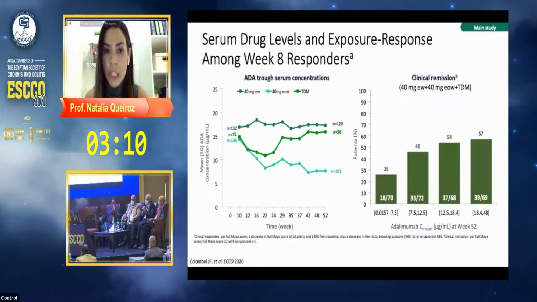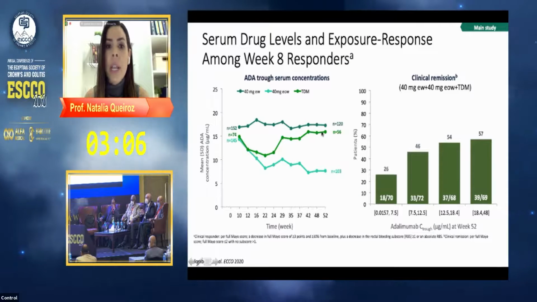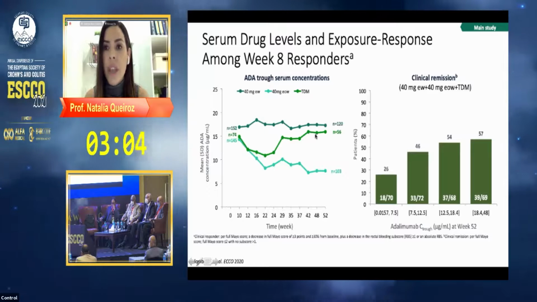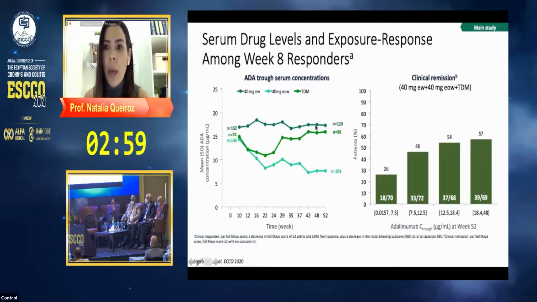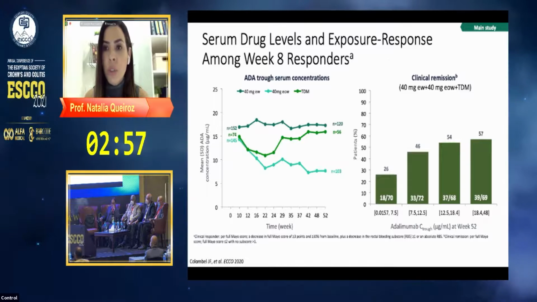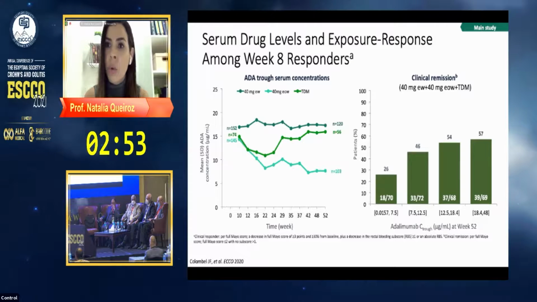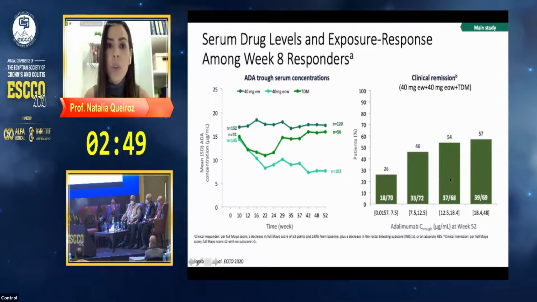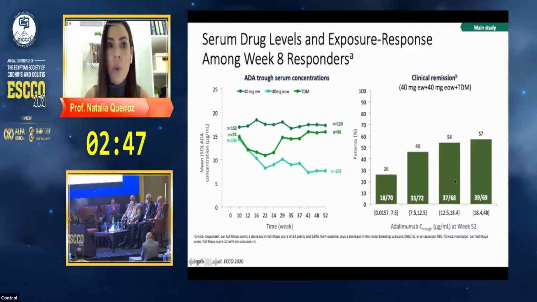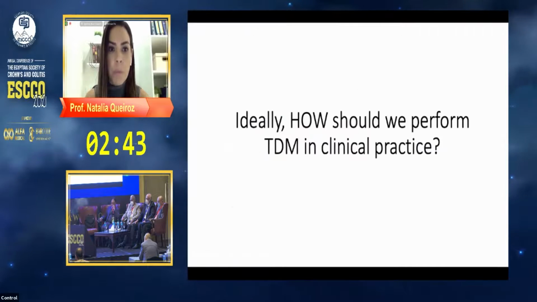In addition, patients in the TDM exploratory arm had drug levels very similar to those patients who were receiving adalimumab every week. So you don't need to treat every patient with optimized dose, just those patients who really need it. And it was also demonstrated an exposure-response relationship with increased drug levels associated with better outcomes.